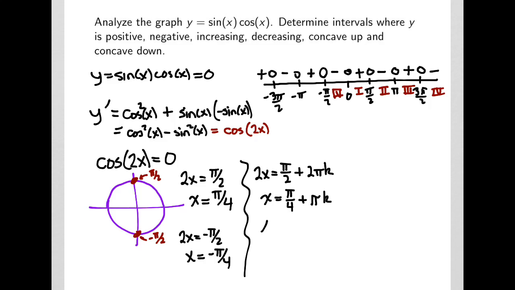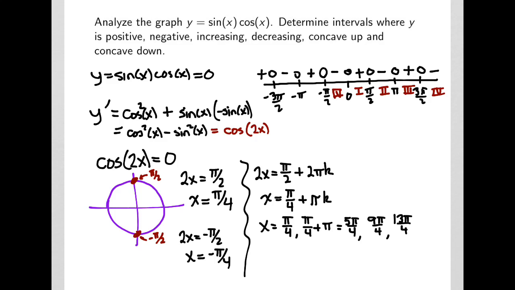And so for this first one, I would get pi over 4 plus pi, which happens to be 5 pi over 4. I would also get 5 plus another 4 is 9 pi over 4. If I add another 4 pi over 4, I get 13 pi over 4.